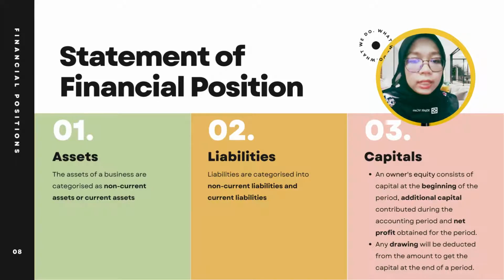And then the third category is capital. Owner's equity consists of capital at the beginning of the period plus capital contributed during the accounting period plus the net profit obtained for the period, or minus the net loss in contrast.